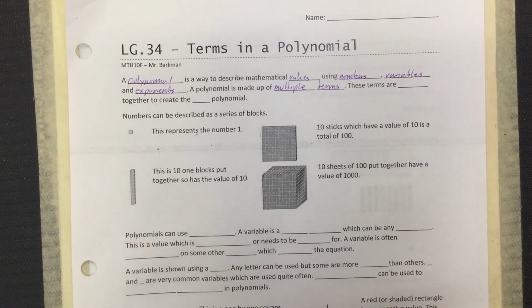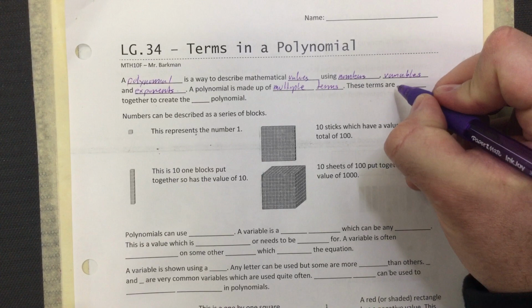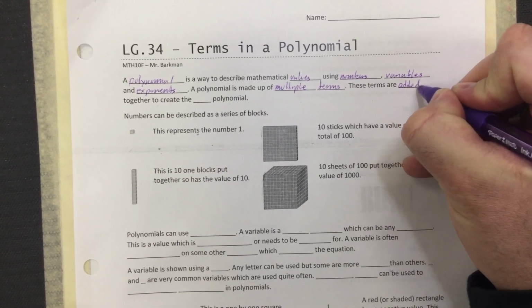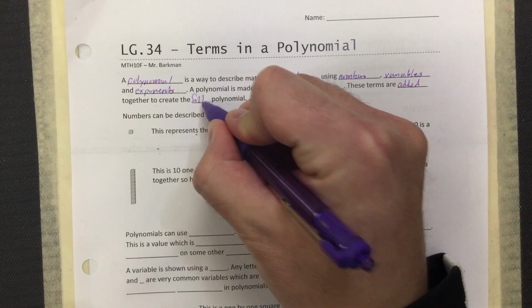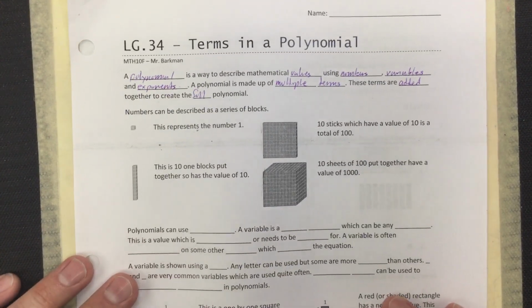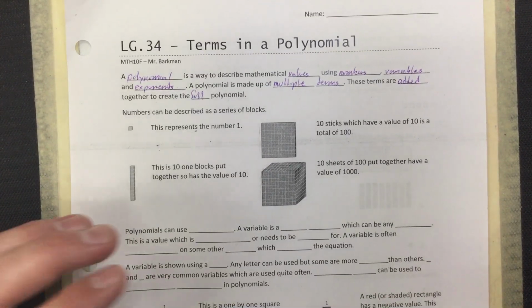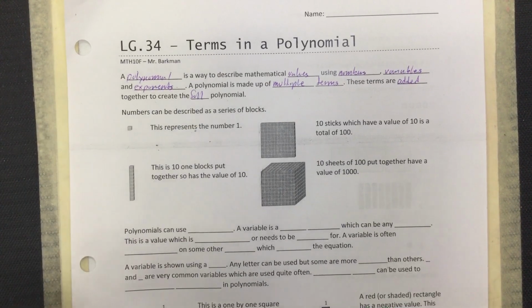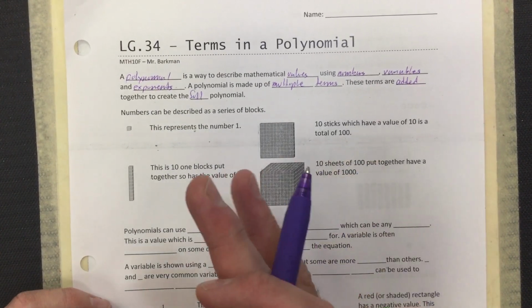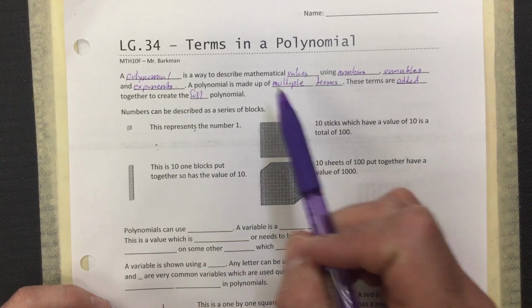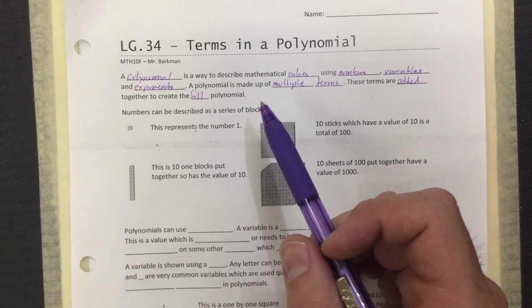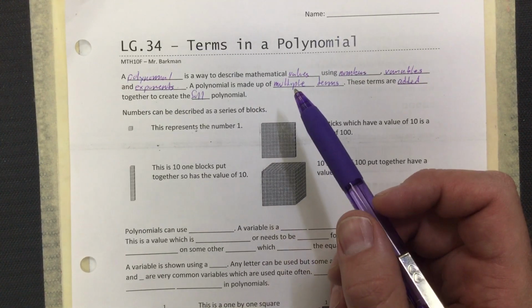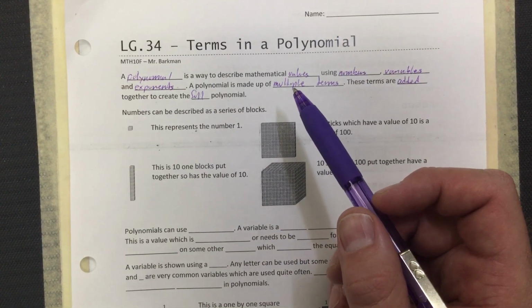Okay, and these terms are then added together to create a full polynomial. Now, the number of terms is different. Could have one term, could have a million terms. There is a wide variety that we could have, but it's going to be multiple terms, and one is represented of multiple. It's just not something that we necessarily go off of always.